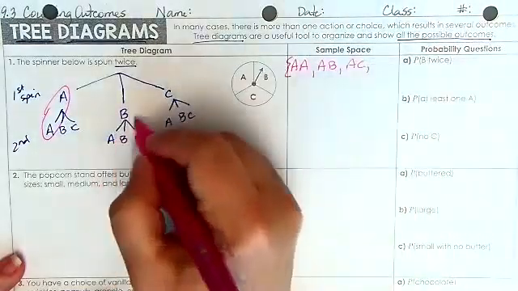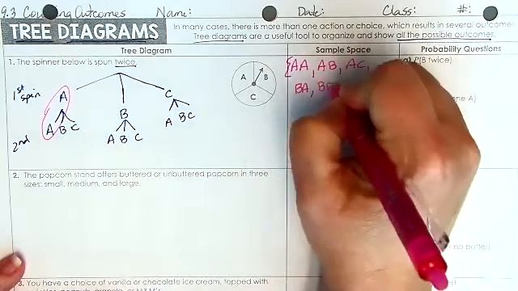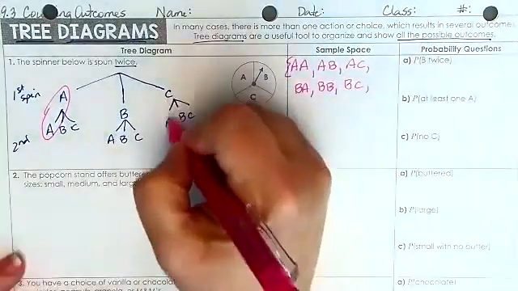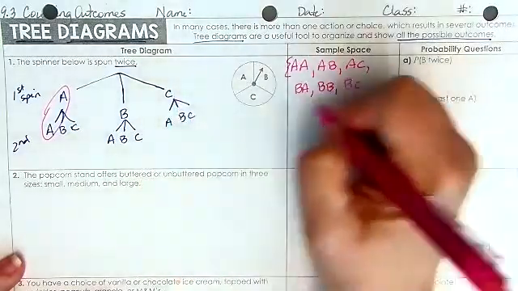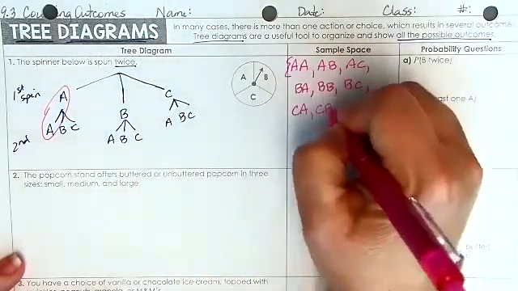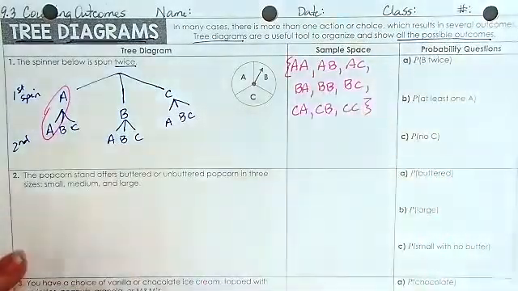And then I'm going to look at my next round: BA, BB, BC. And then I'm going to look at the third, the C section. So I'm going to have CA, CB, and CC. And this is the list of my sample space.